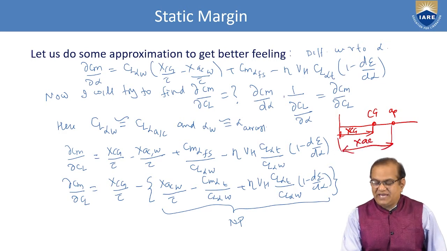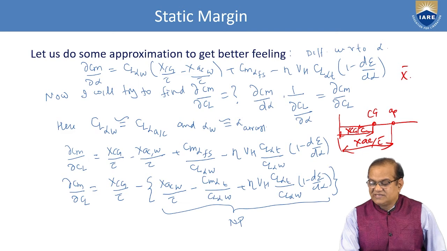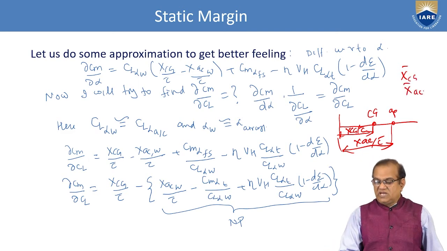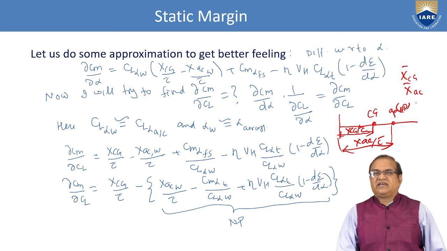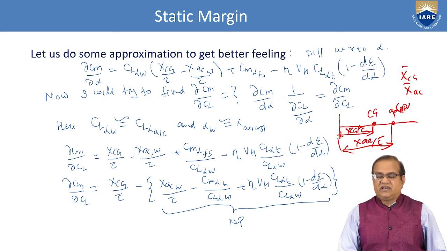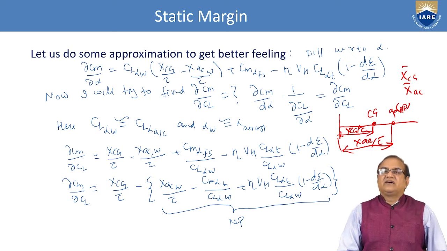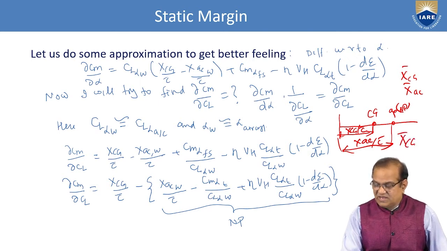If you divide it by the chord C, it is X bar CG and X bar AC. And this AC is also called the neutral point. So the static margin is the difference between X bar CG minus X bar NP.